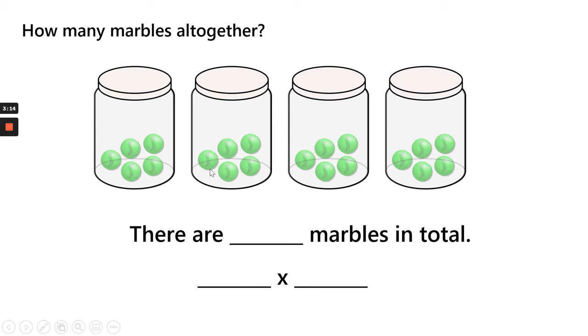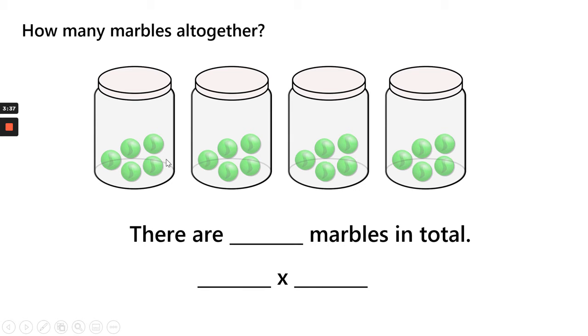Let's check the others. 1, 2, 3, 4, 5. We have equal groups of 5. So to count all the marbles together when we know that there are 5 in each jar, it is quicker to count up in 5s.